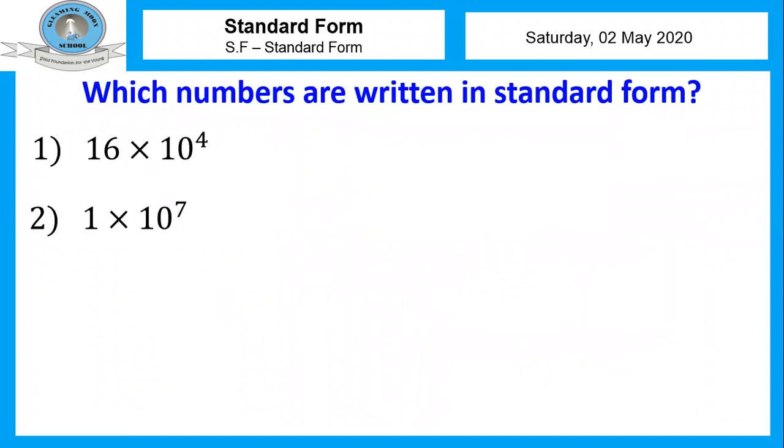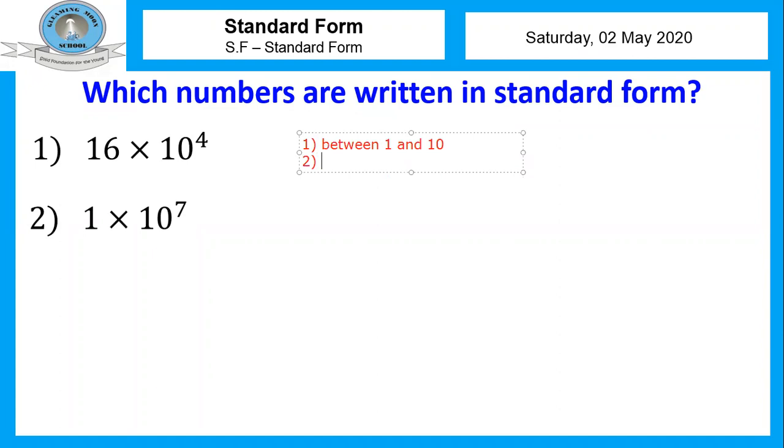Example number 1, we have 16 times 10 raised to the power of 4 and 1 times 10 raised to the power of 7. Now, the first thing you do when you're deciding whether a number is written in standard form or not is to think about the features of a standard form. We identified 3 key features. Feature number 1 is that the number must be between 1 and 10.